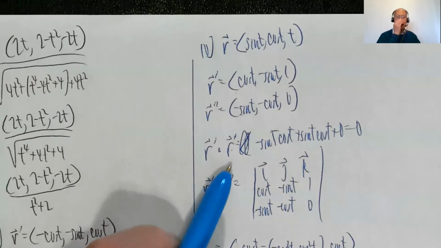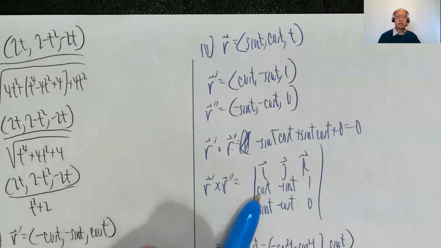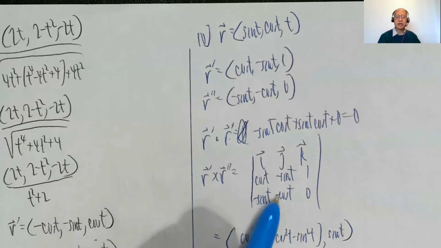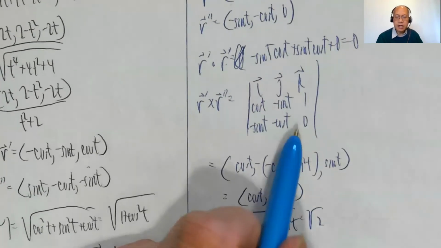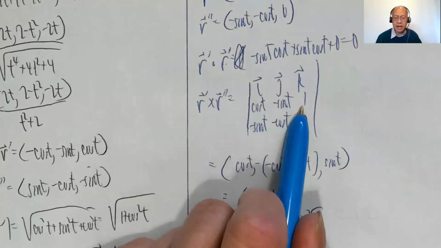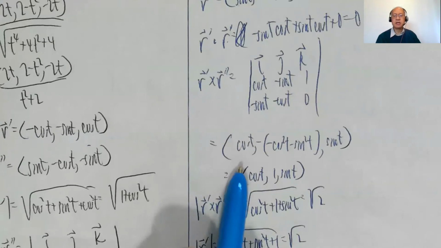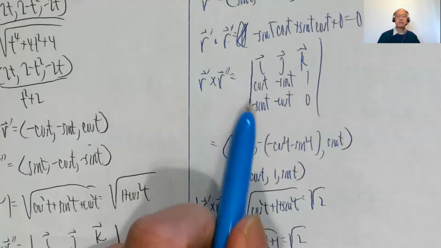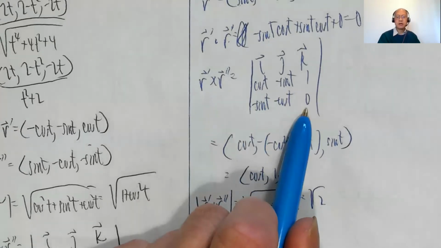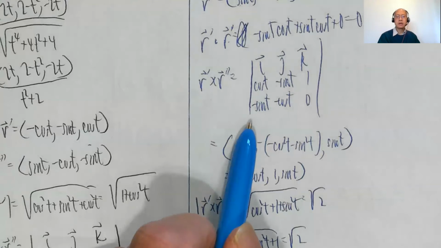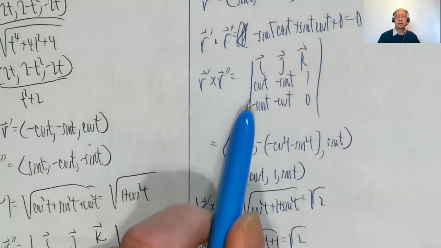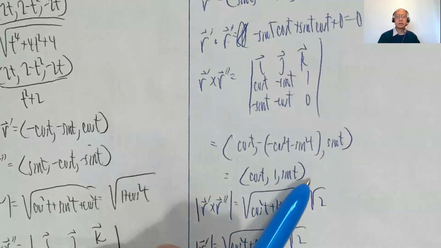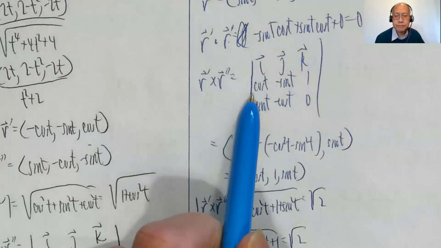Then I take the cross product, i, j, k, cosine, negative sine, 1, negative sine, negative cosine, 0. So the i component is that minus that, so it's minus a minus cosine t. The j component is the opposite of nothing minus, let's see, I have that right.